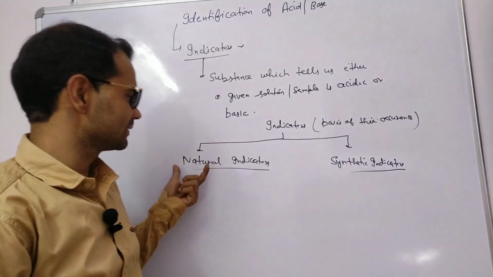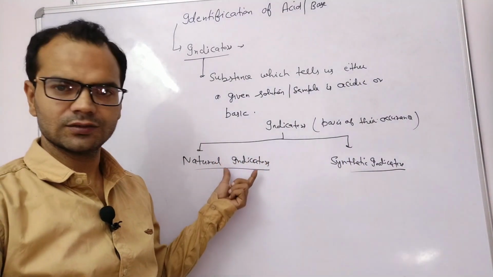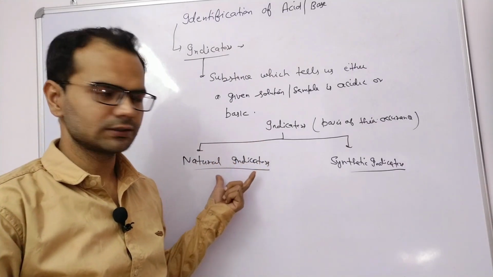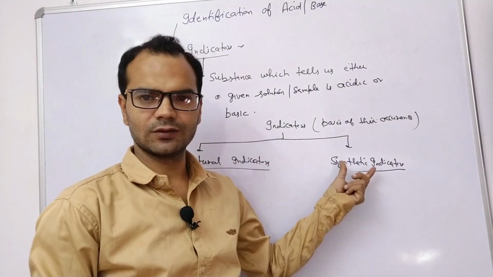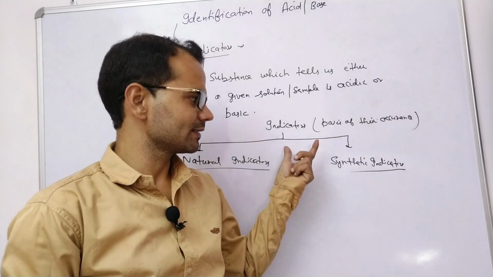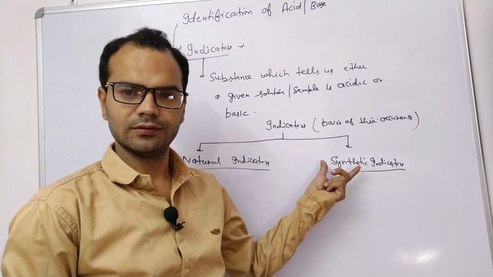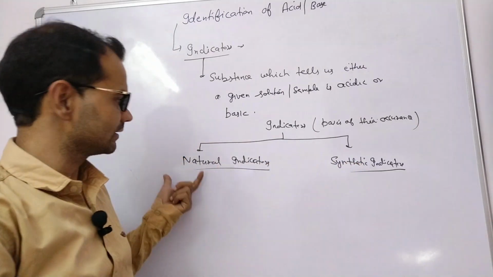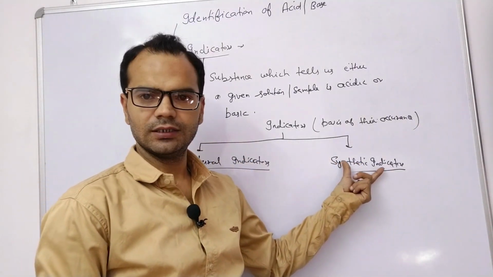As the name indicates, natural indicators are substances obtained or derived from natural sources. But synthetic indicators are those which are chemically synthesized in a lab, which are man-made. Easy?